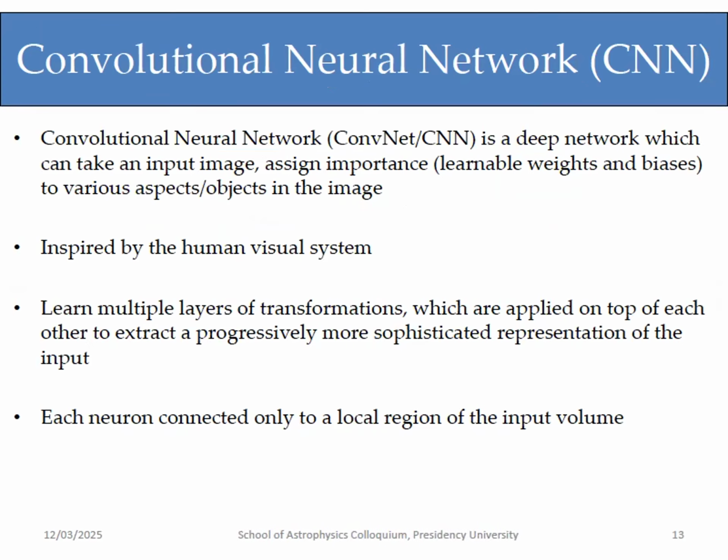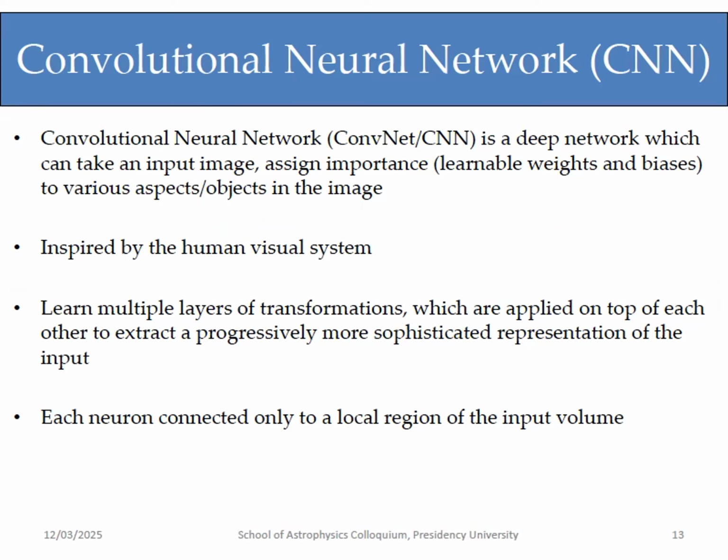Yeah. So again, there are very different deep learning networks, but the one which is probably very popular is called CNN, a convolutional neural network. The convolution operation is very similar to what has been done in traditional signal processing. It's a deep network which can take an input image and assign importance, with learnable weights and biases.